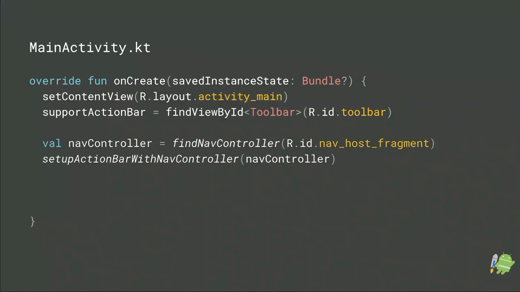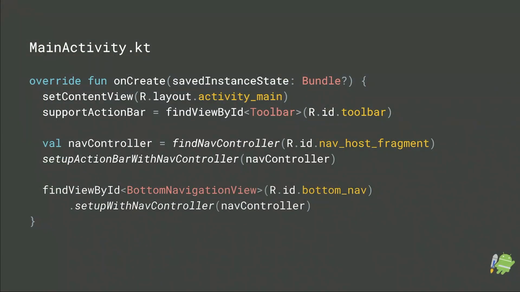What it's doing is receiving events on when you've navigated in your nav controller and using the labels that you've set up in your navigation graph to update the title of your action bar. And we also have another helper method if you're using a drawer layout to automatically change it from a hamburger button into a back arrow based on what destination you're on. So really just those helpful patterns to make sure that those things stay in sync.